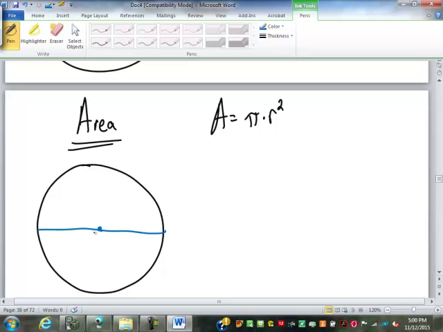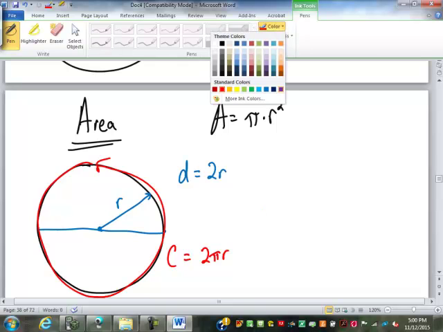Let's take a circle with a radius of r. So in other words, it has a diameter of 2 times r, 2r. The circumference of that circle is going to be what? Pi times 2r, or 2 times pi times r, right?